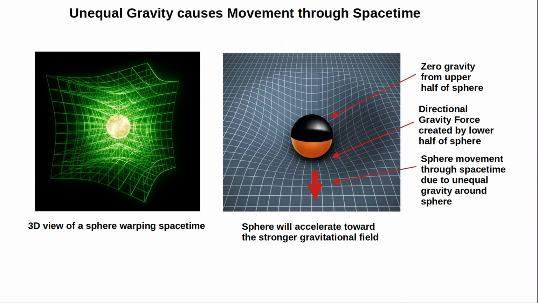So let's do a couple of thought experiments on unequal gravity around a mass. We know that mass warps or curves space-time, and here's the 360-degree warping around a mass, which is the image on the left.